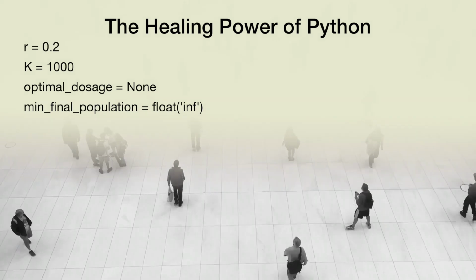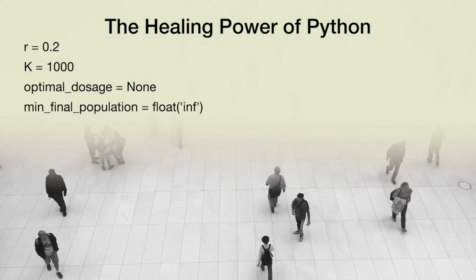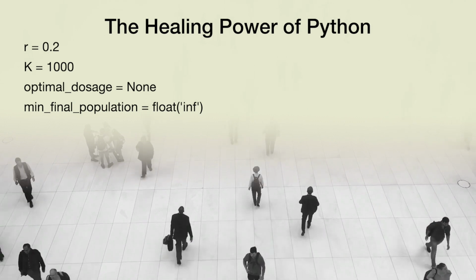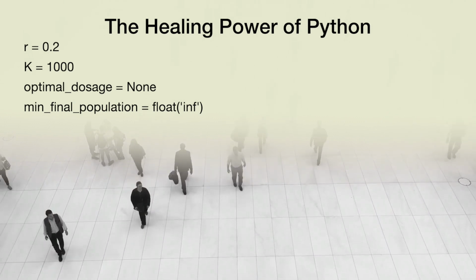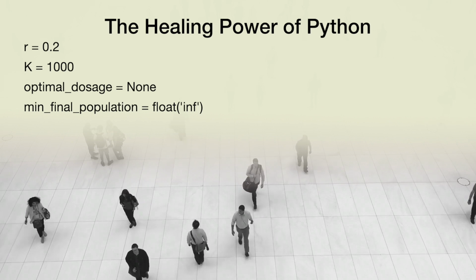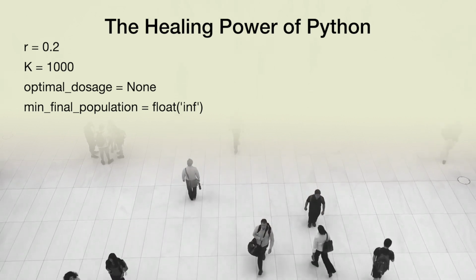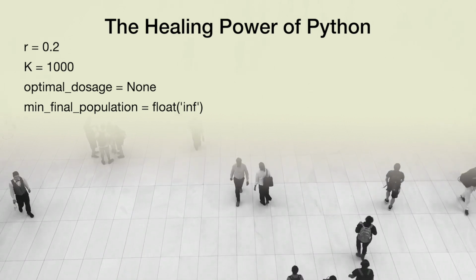We'll first of all find min final population. Min final population means minimum final population, which is equal to float. Float is a data type. Like there are different data types in computer science, like in Python there are different data types. Float is one of them, integer is one of them. Whenever we talk about integers, we talk about numbers like 0, 1, 2, 3, 4, 5, 6, 7, 8.